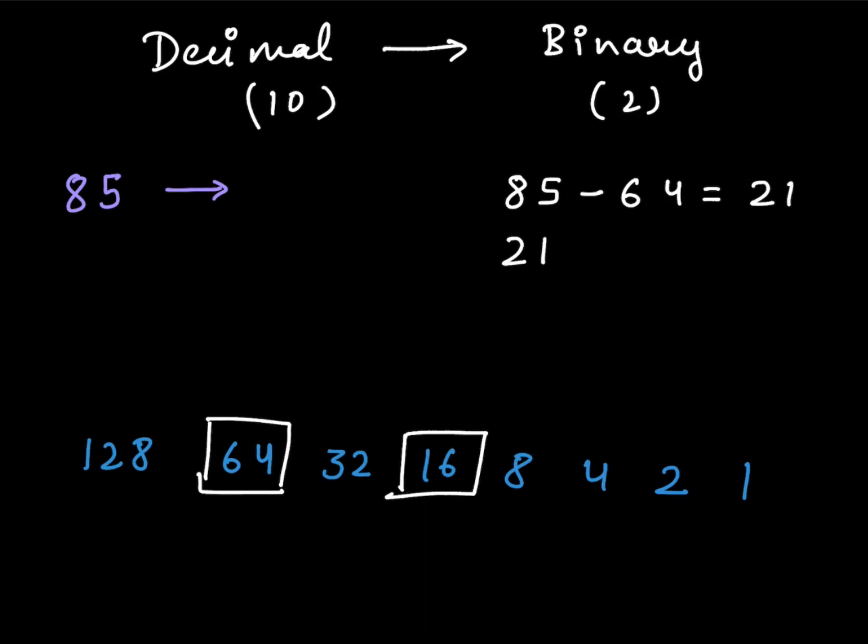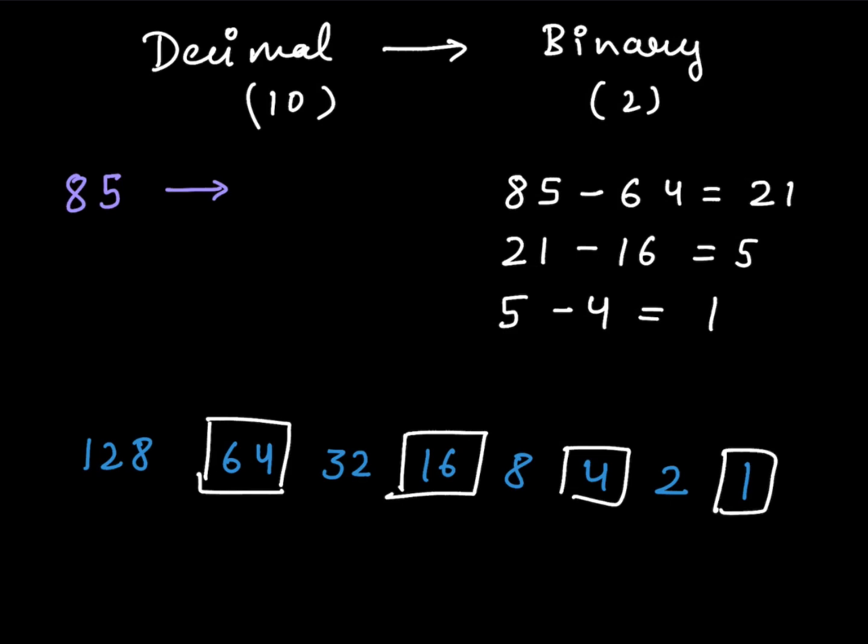So we subtract 16 from 21, and we have 5. Now we repeat the process: the highest number below 5 is 4. So 5 minus 4 is 1, and the highest number below or equal to 1 is 1 itself. So 1 minus 1 equals 0.